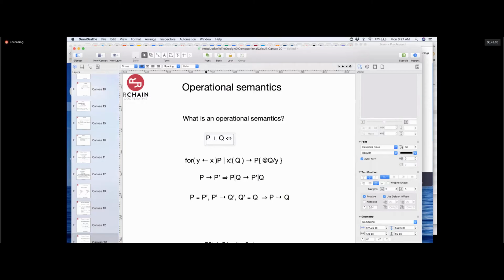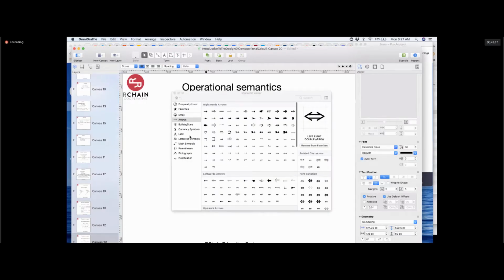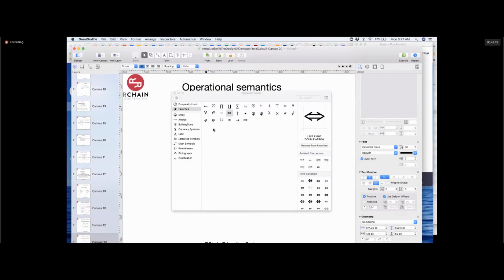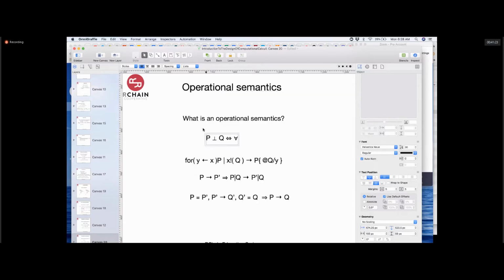Okay, so for all R such that P reduces to R in some number of steps.